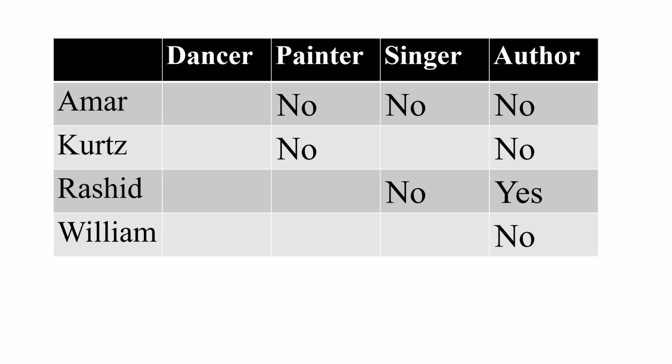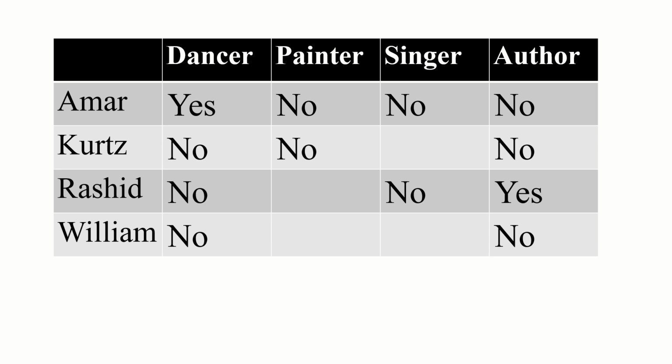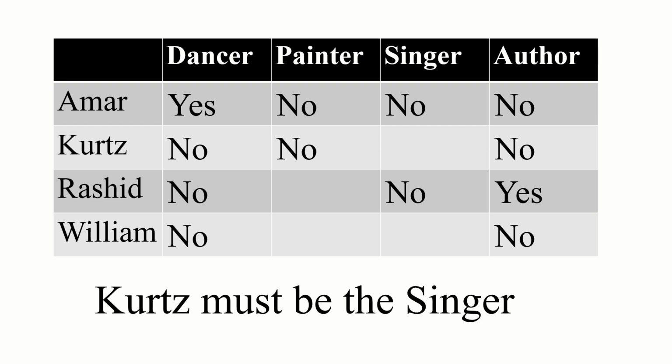So again we put this information into our matrix, and now we conclude that Amar is neither author nor singer nor painter. Then Amar must be the dancer. And we put this information into our matrix. And the next inference that we can draw is with regard to Kurt, because Kurt is neither dancer nor painter nor author, then Kurt must be the singer.